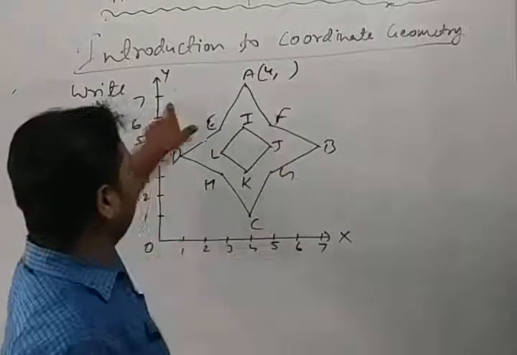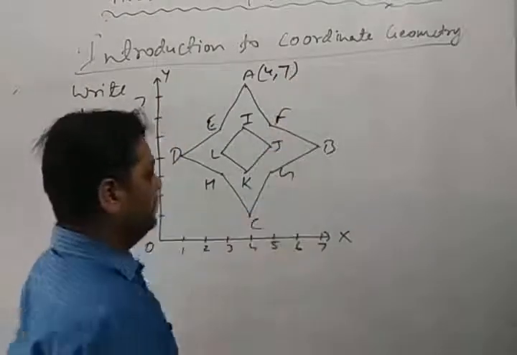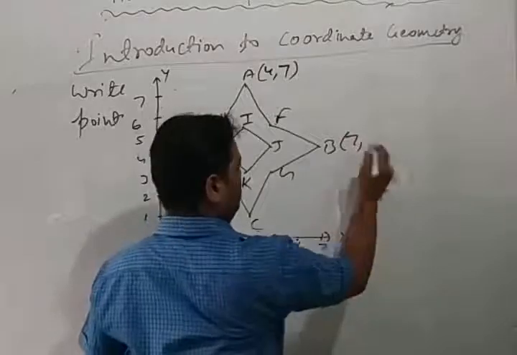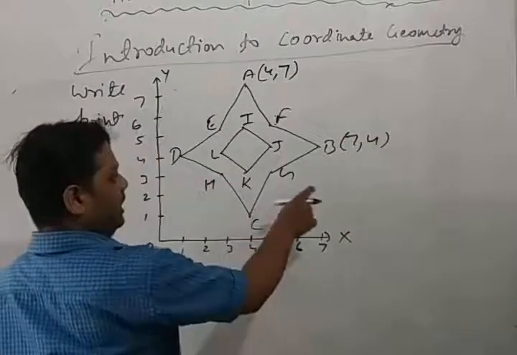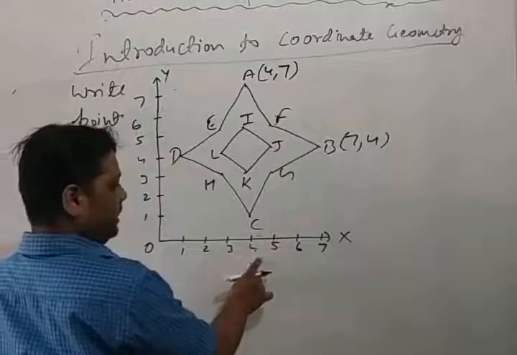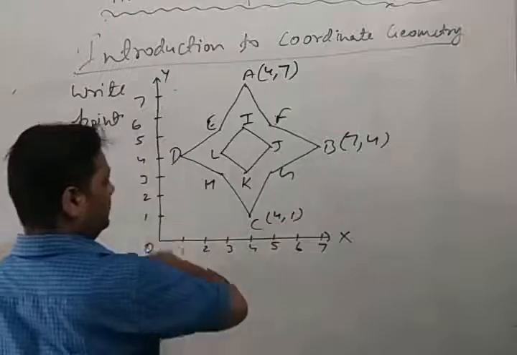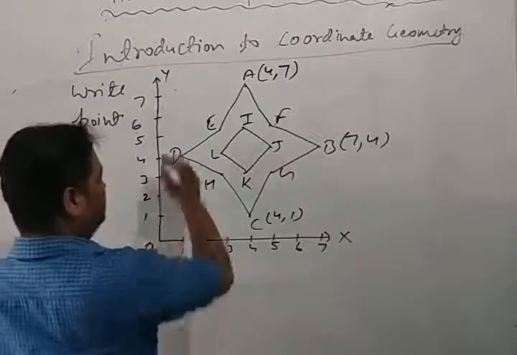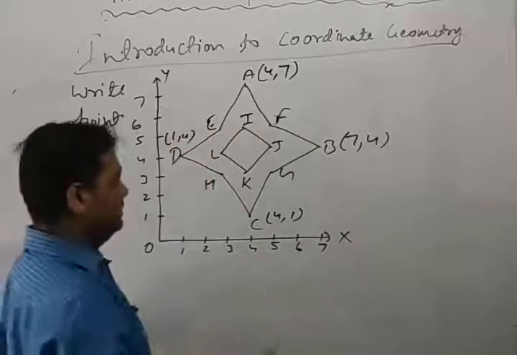And the ordinate is 7, so we will write 7. Now B, x-axis 7, ordinate 4. Then C, x-axis 4, ordinate 1. Then D, x-axis 1 and ordinate 4. Always write the x-axis first, then the y-axis.